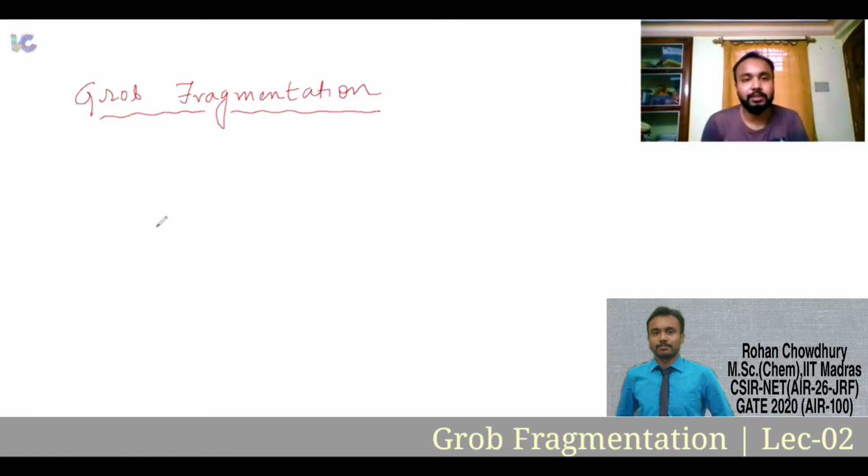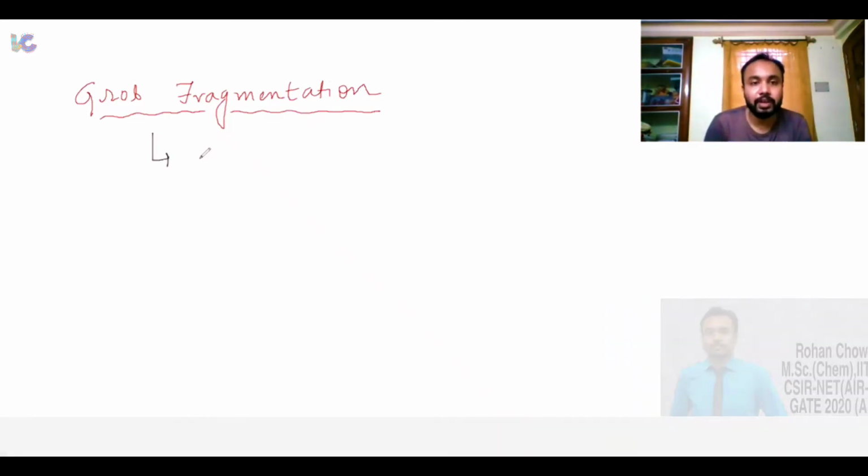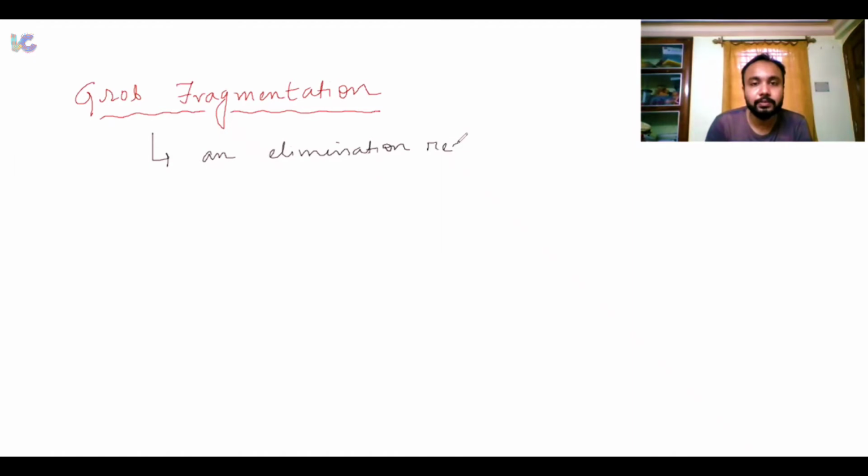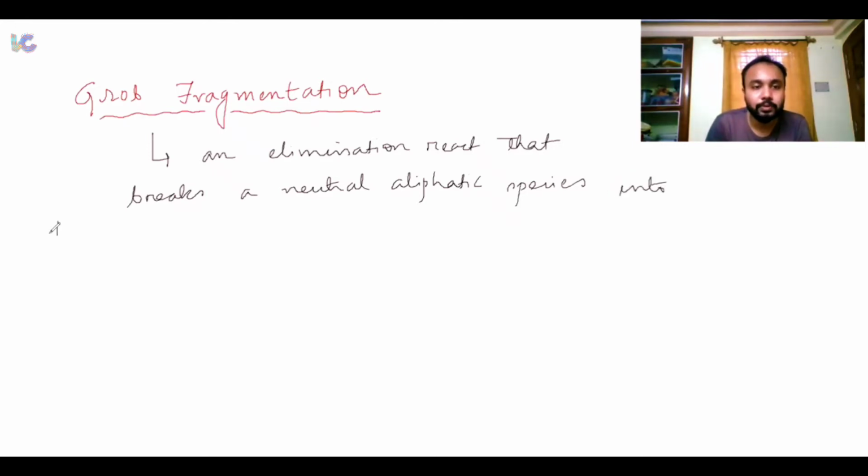Grob fragmentation is an elimination reaction that breaks a neutral aliphatic species into three fragments.